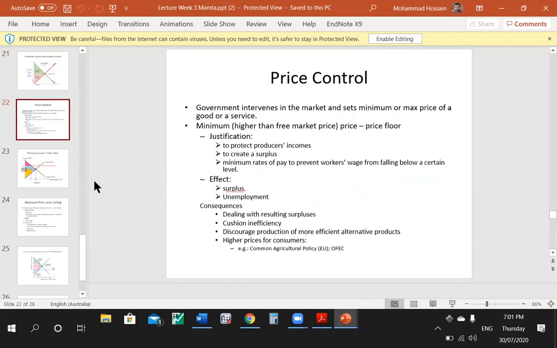Now let's talk about price control. Because it's 7 o'clock, can I continue, or does anyone have another commitment or want to leave? I need another 5 to 10 minutes. Is that okay?